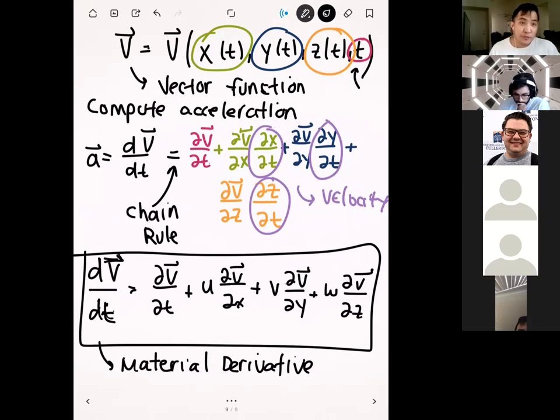If you want to pursue fluids at a graduate level, this is something we're going to work with more over there. But for now, it's enough to understand what each of the terms represents and what their physical intuition is. All right. Any questions on this?